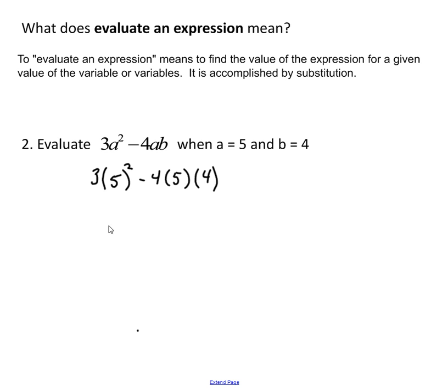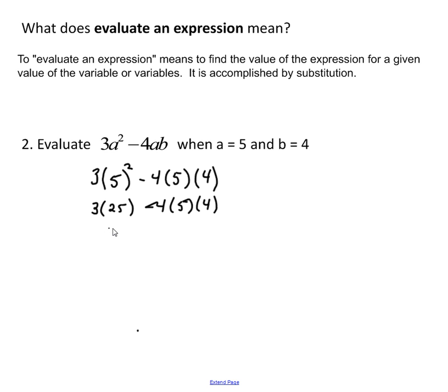By our order of operations we do anything in parentheses, but everything in the parentheses is already done. So we would do exponents next. So we would be taking 3 times 25 minus 4 times 5 times 4, and then do the multiplication from left to right.